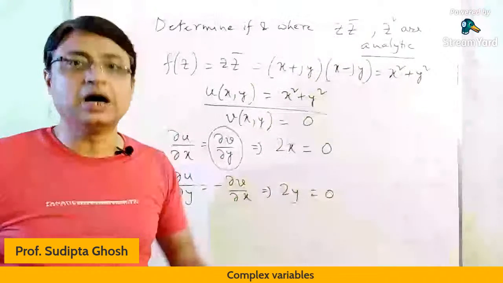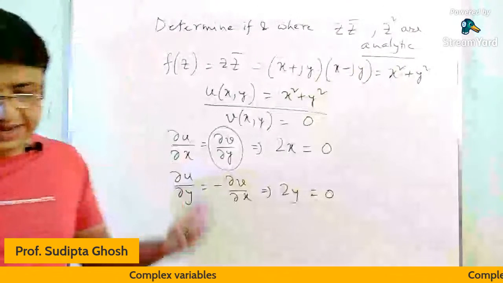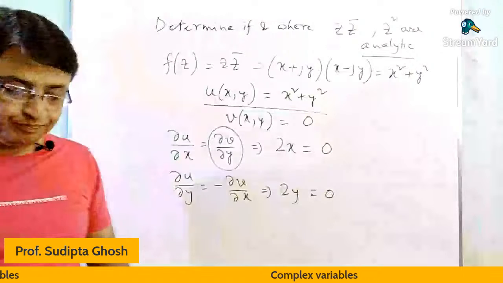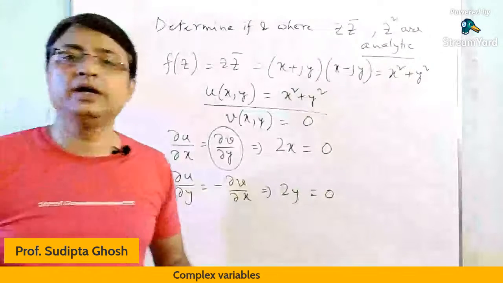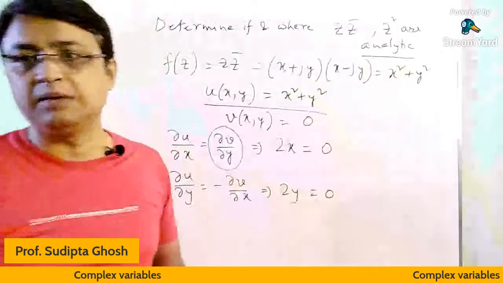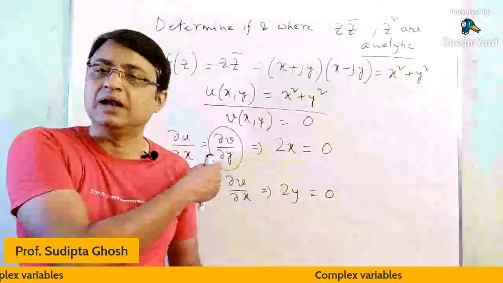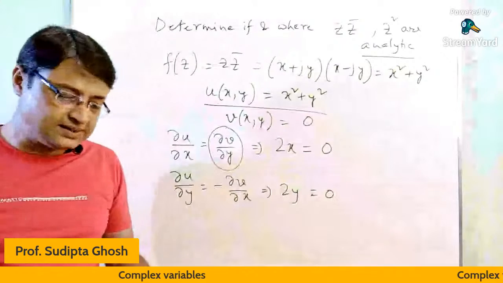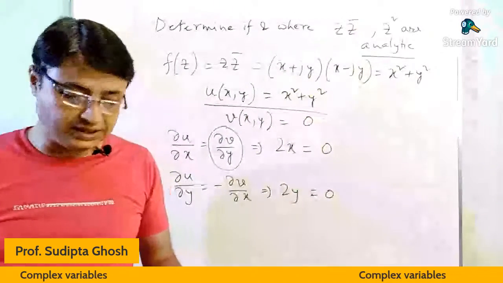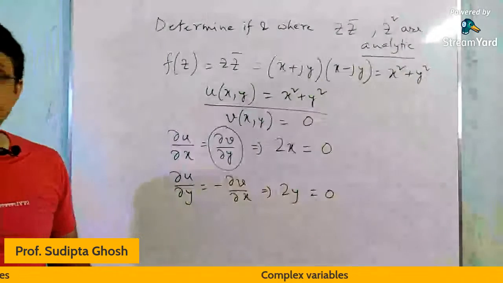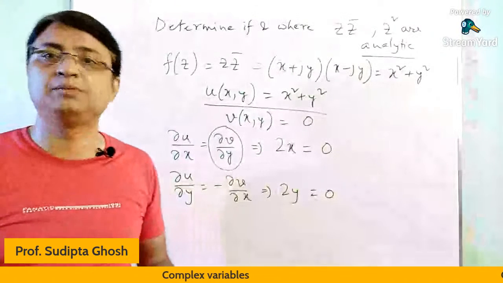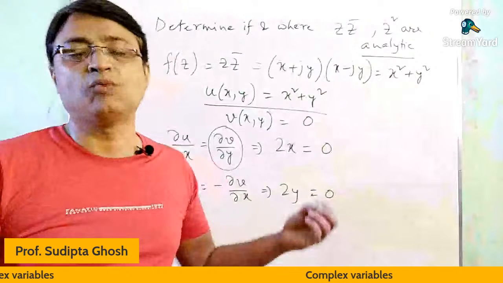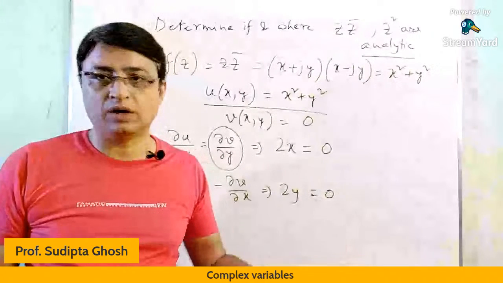Now, x and y both are 0 at the origin, so the Cauchy Riemann equation is satisfied at the origin, but not in the neighborhood of the origin, because x, y equals 0 is the coordinate of the origin.